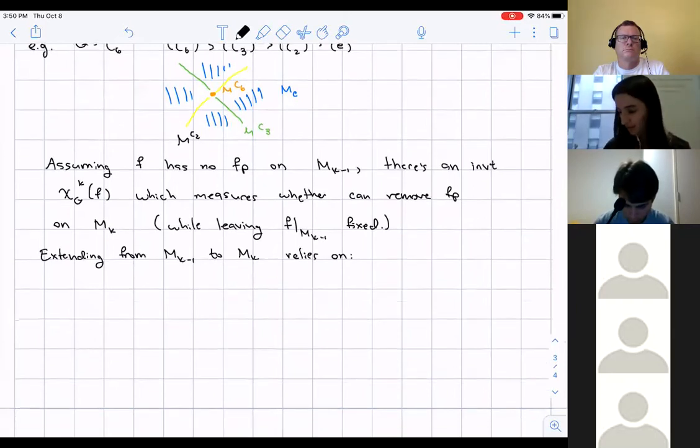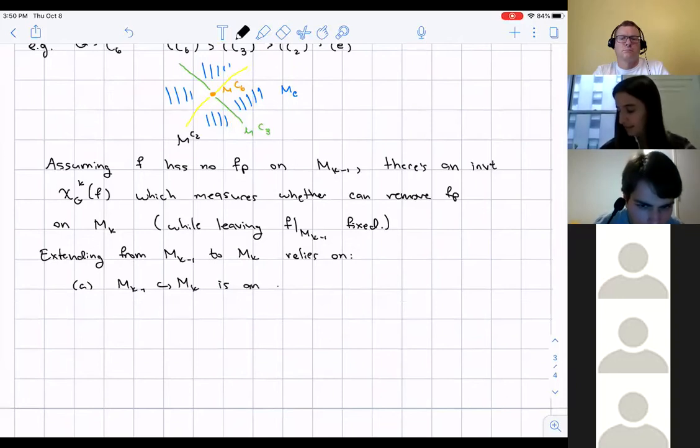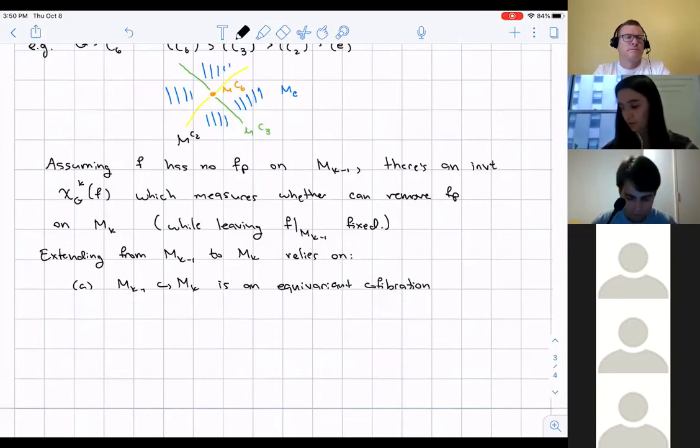But some very basic things that it relies on that I want to emphasize are these. M_{k-1} to M_k is an equivariant cofibration. So you get M_k from M_{k-1} by adding equivariant cells.